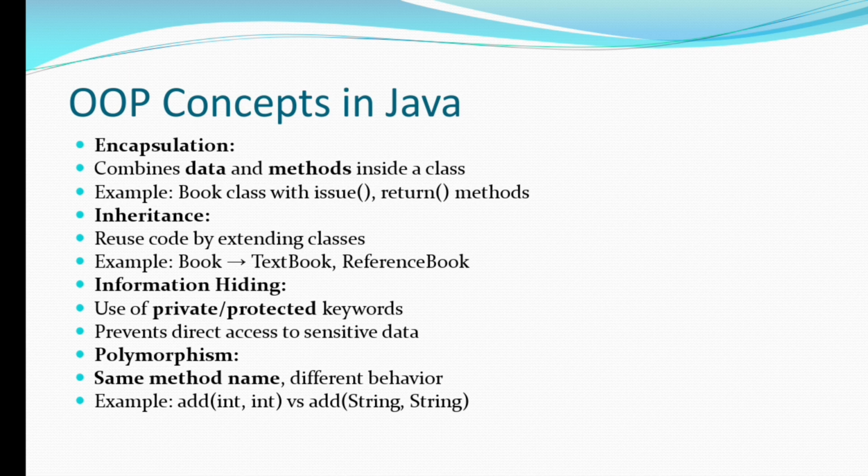The benefit is reusability of the code and reducing its length. If you have already written 100 lines of code in one class, without rewriting them you are just accessing those 100 lines using inheritance. You are reducing the time and the length of the code. That is the concept of inheritance.